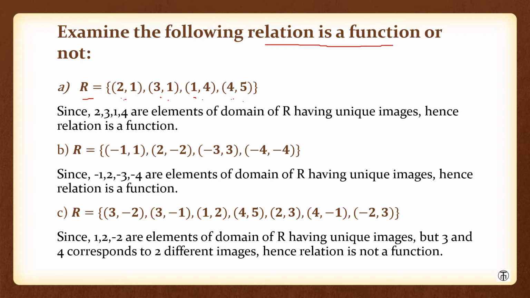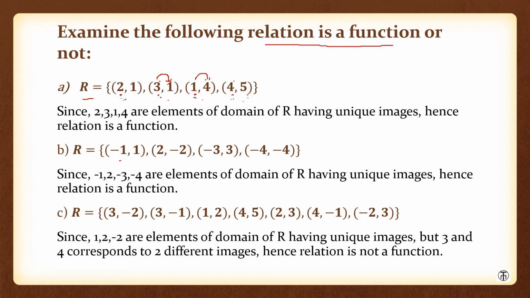Like 2 has one image, 3 has one image, 1 has an image 4, 4 has an image 5. That means each element of the domain set has its individual image. So it is a function.